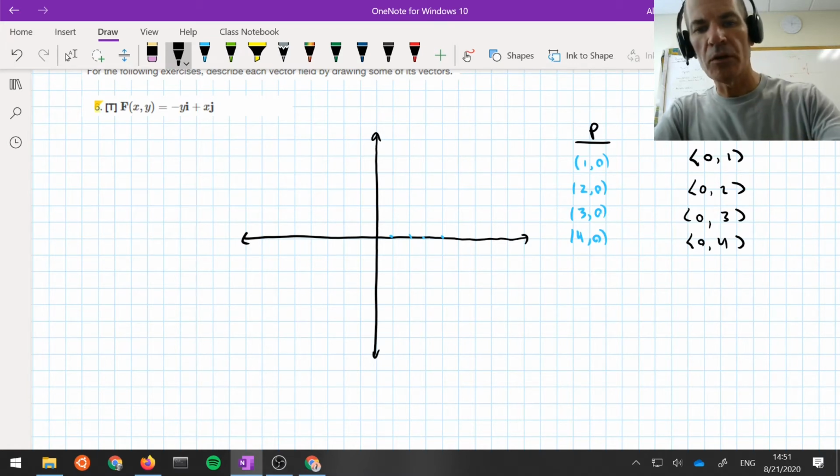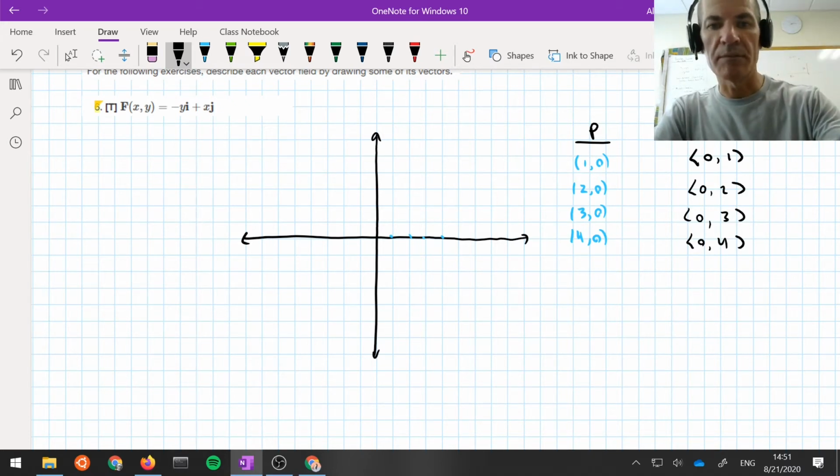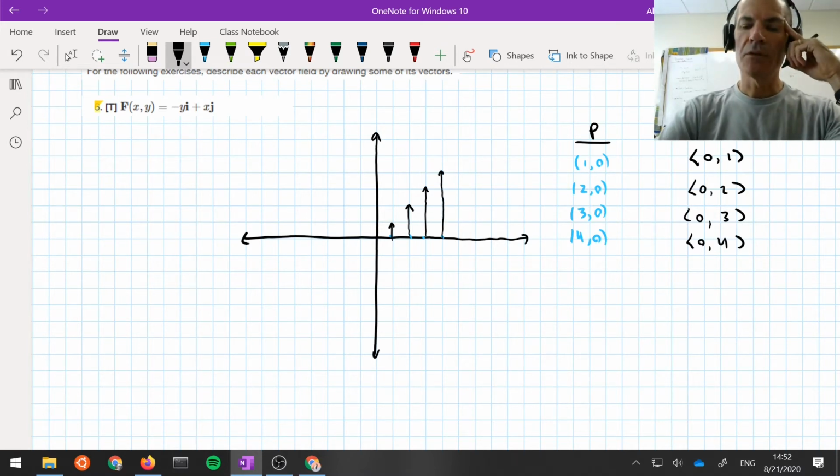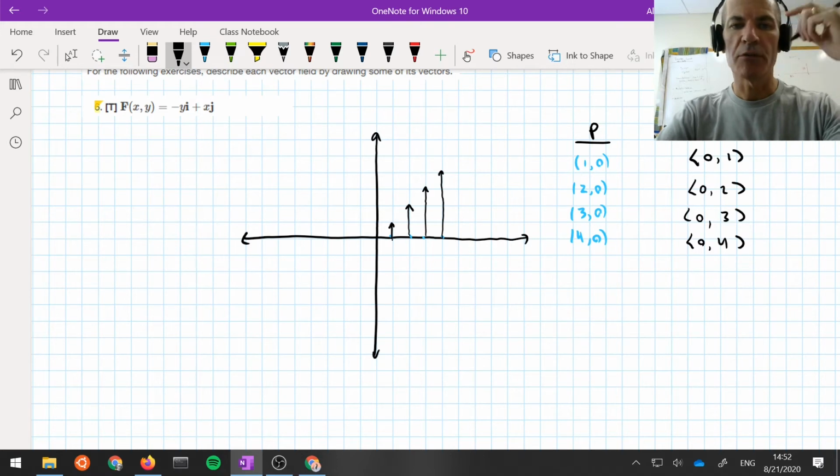So at the point 1, 0 here, there is a vector that is 0, 1. So it goes like this: nothing in the x direction, 1 unit in the y direction. Here, 0, 2. Here, 0, 3. Here, 0, 4. So those are the vectors that are attached to that first row of points.